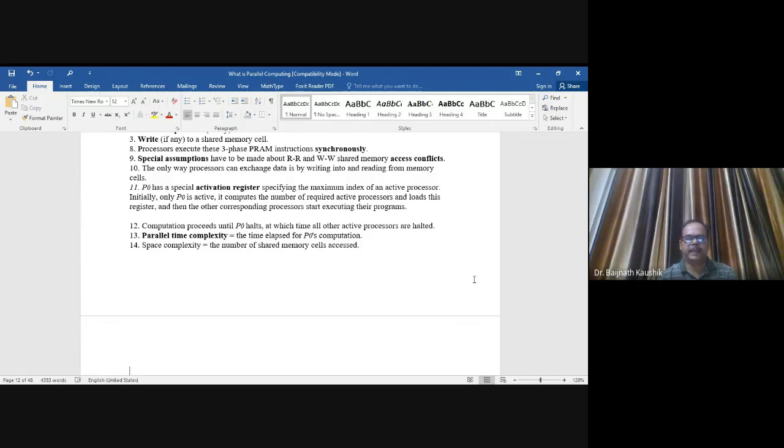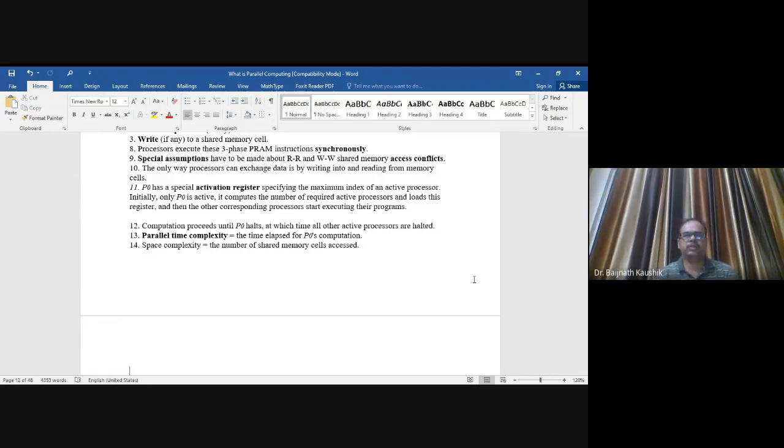And next, moving on, as we have already discussed, P0 is the first processor, and P0 has a special activation register specifying the maximum number of processors required to perform any computation. First, the P0 processor is activated, and then it computes the number of required active processors to perform the computation.